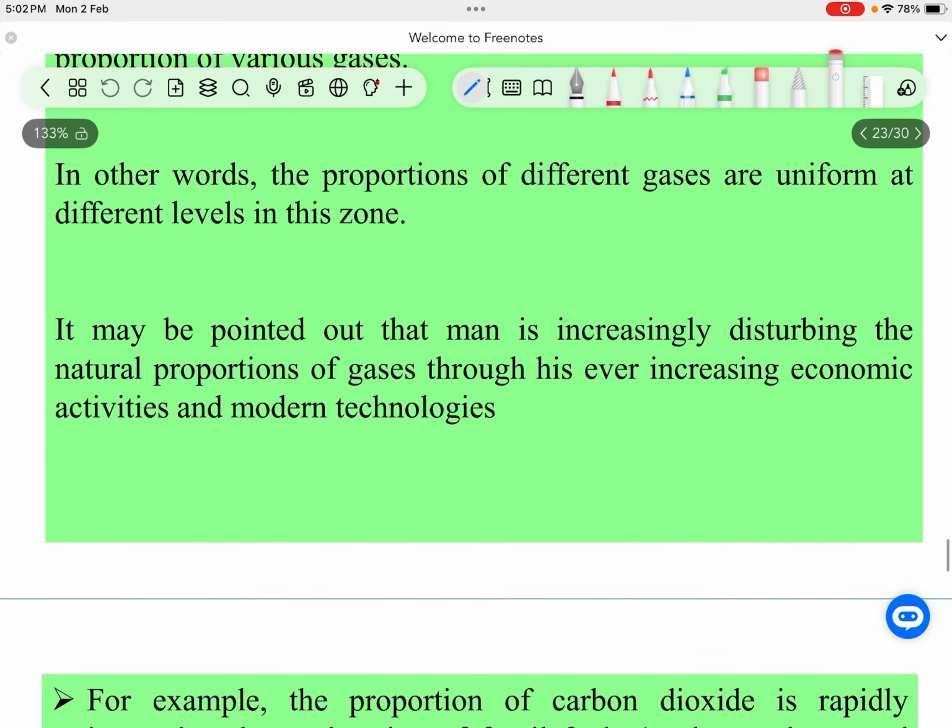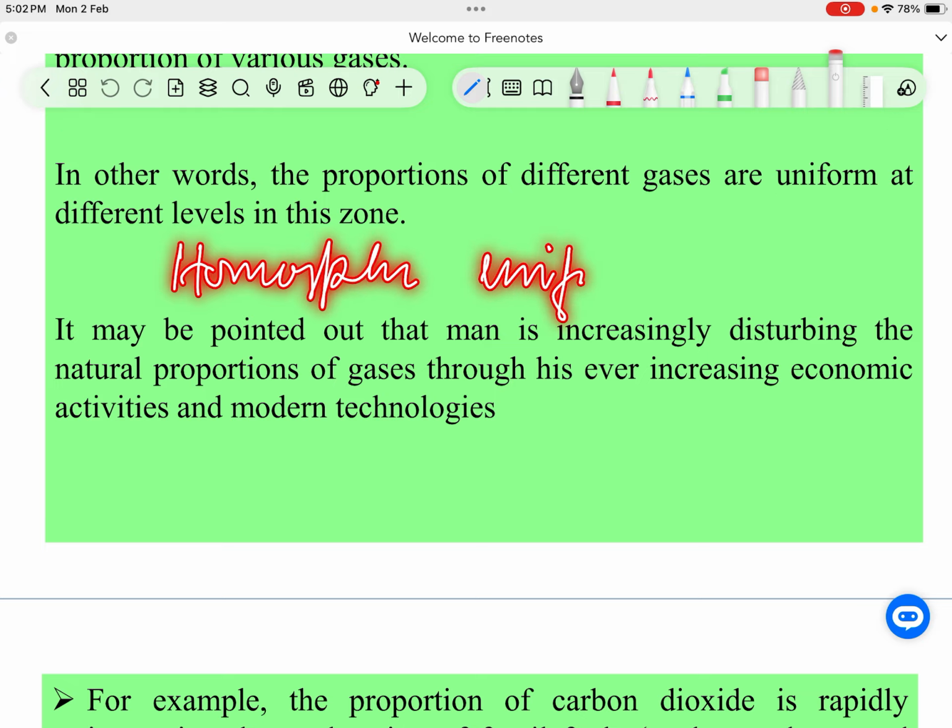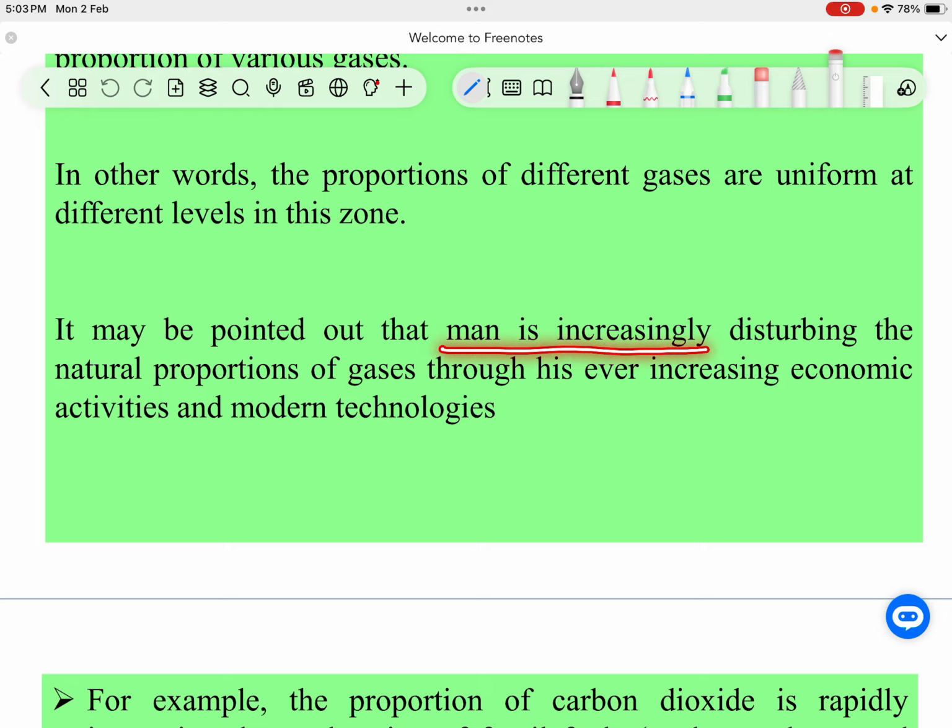We say that the homosphere is uniform in its components, but it is said that man is increasingly disturbing the natural proportions of gases through ever increasing economic activities and modern technologies.